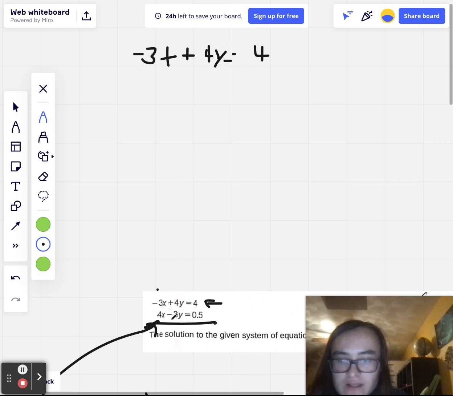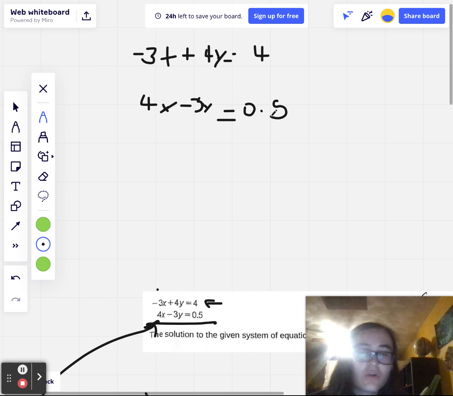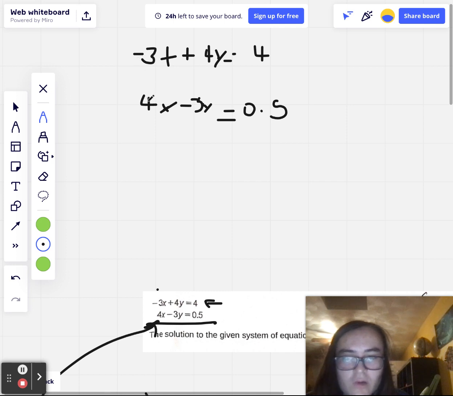And the 4x minus 3y equals 0.5. And normally you would subtract them from each other, but because this is already a negative here, what you're going to want to do is just basically add this whole problem to that problem after you've made the x's equivalent to each other.